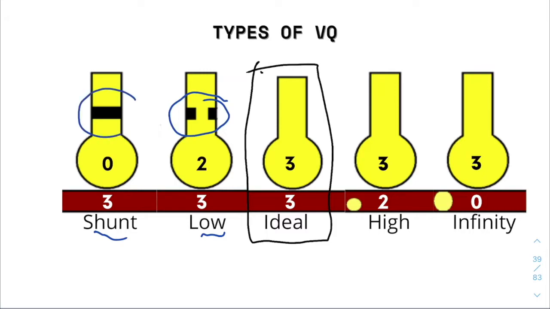So there are problems in the ventilation. Instead of receiving 3 liters, this respiratory unit only received 2 liters of gas. So ventilation 2/3 is lesser than 1. So you have a low VQ.